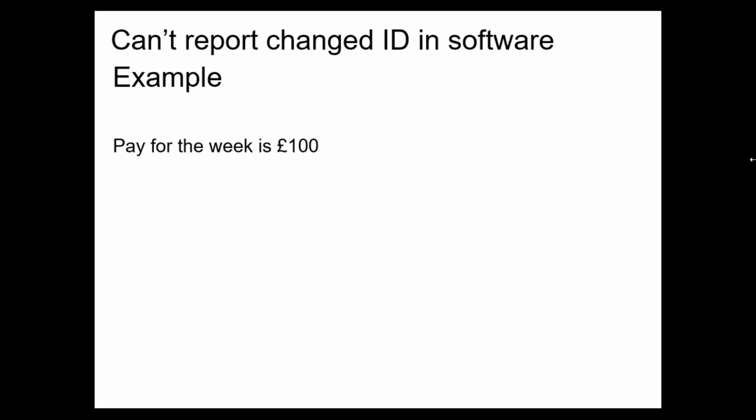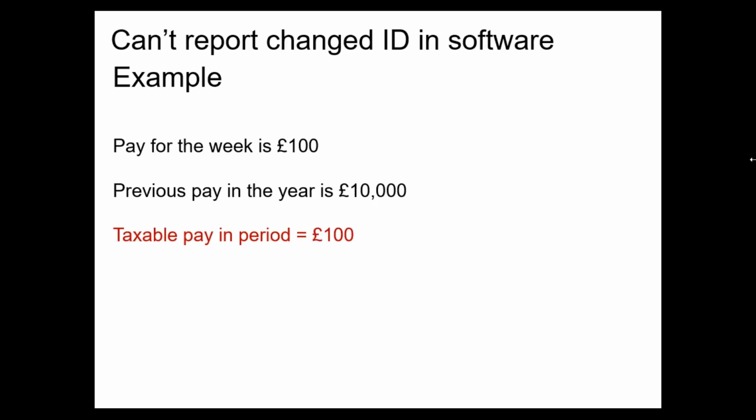Say, for example, you change your employee's payroll ID, then you next pay him £100, and his previous pay-to-date figure is £10,000. The figures to enter on the FPS are the taxable pay in the period of £100, and the taxable pay year-to-date would be £10,100.